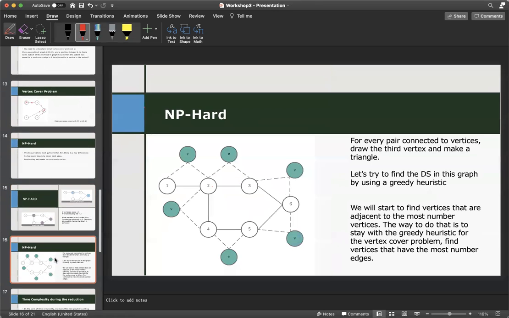All right, so here is the new graph I got. What I did is, for every pair of connected vertices, draw a third vertex and make a triangle. As you can see, let me use a blue color. This is a triangle. This is a triangle.